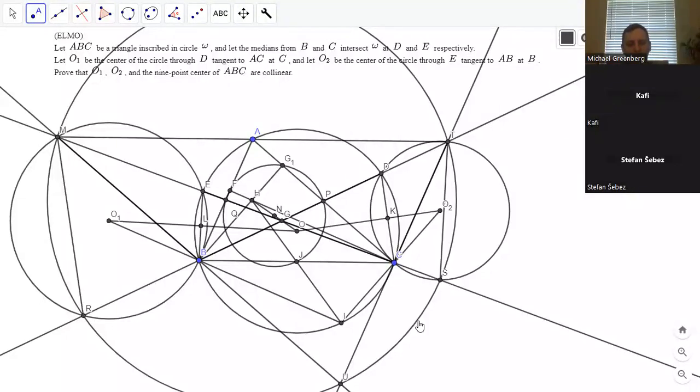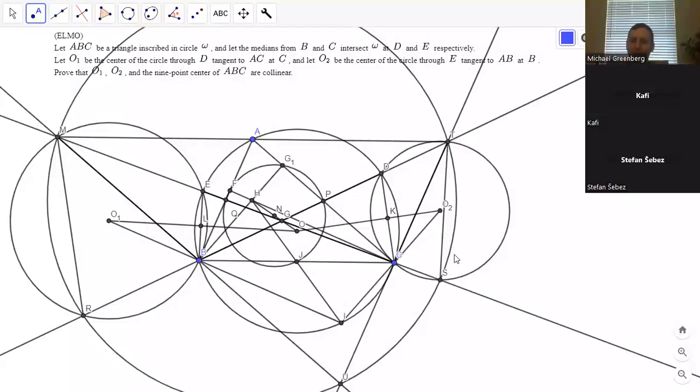So basically, we have that H is the center of that circle. And we want to show that HO2 is perpendicular to EB. Yes. But EB is parallel to TS. And this is the radical axis of those two circles.